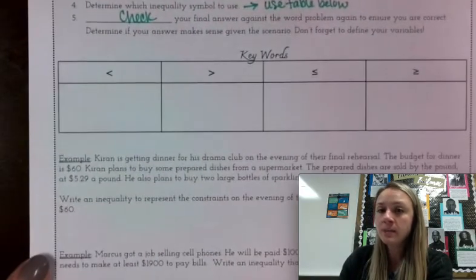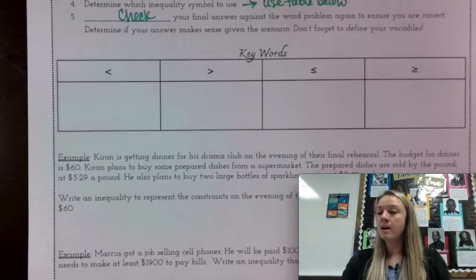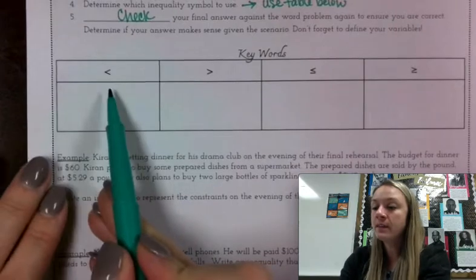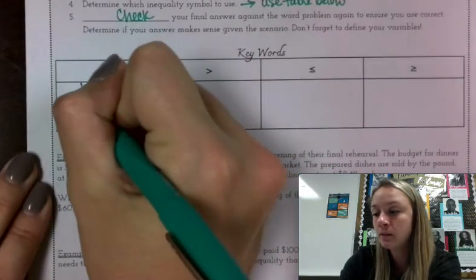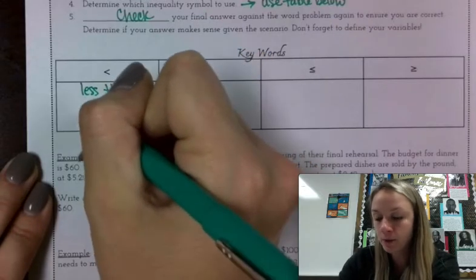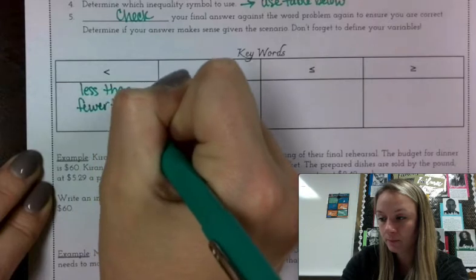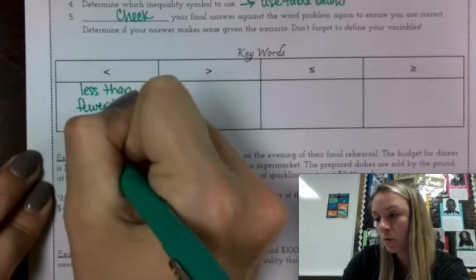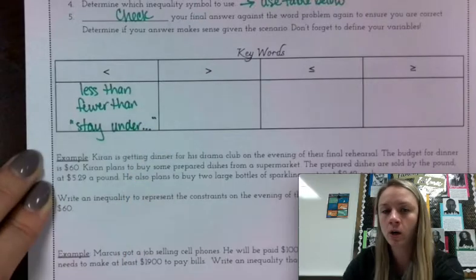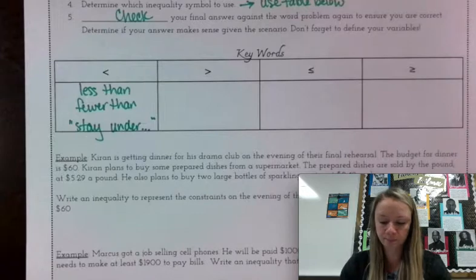So we do have some keywords that'll help us know which inequality symbol to use. And I'm going to go pretty quickly through the first 2 boxes here. This inequality symbol is a less than symbol, so if we see the words less than, then we're going to use that symbol. If we see the words fewer than, or something along the lines of stay under or under this amount, that would also mean below or less than.